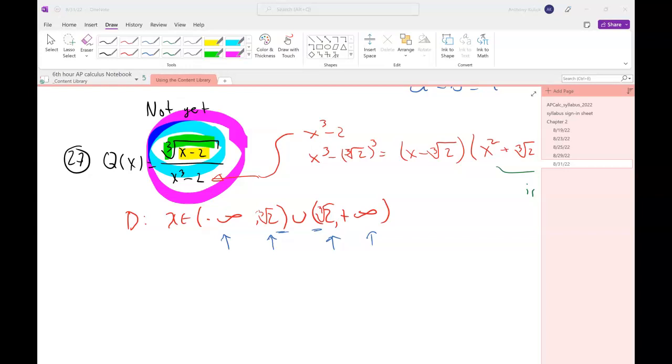Let me just look real quick. Oh yeah, I even went back and organized this in a linear-ish fashion.